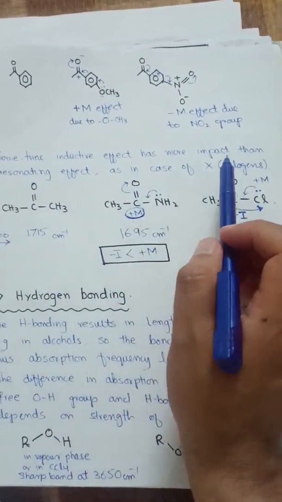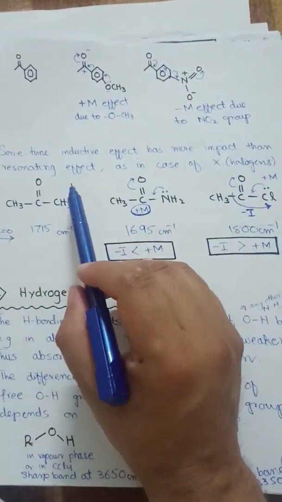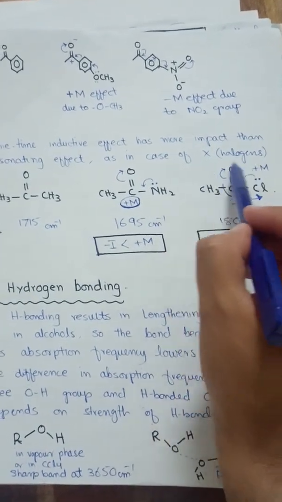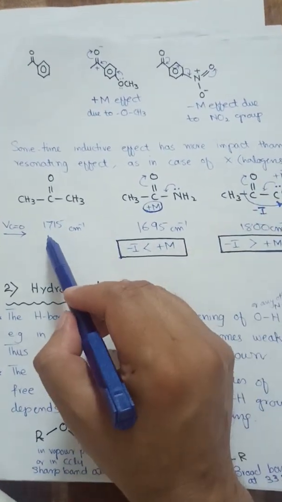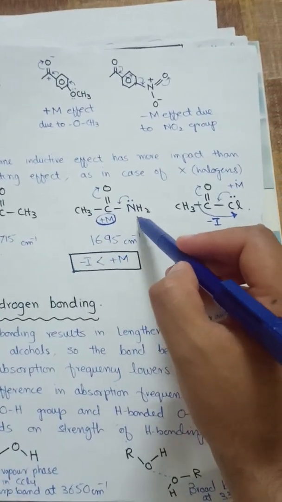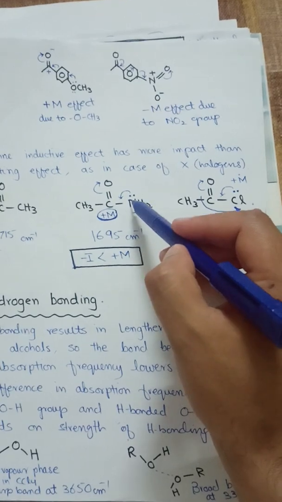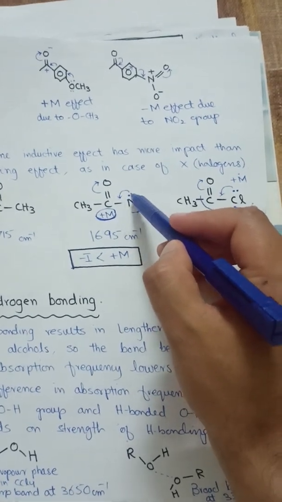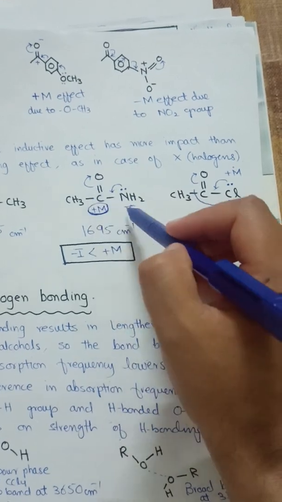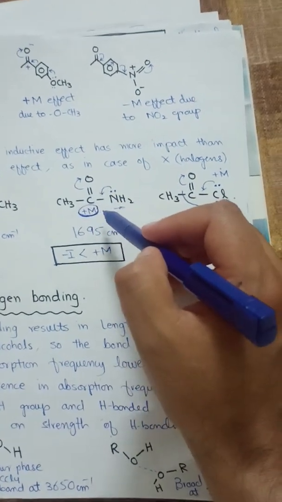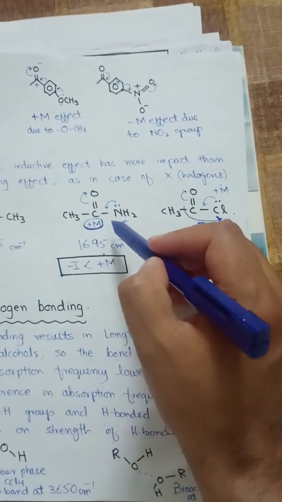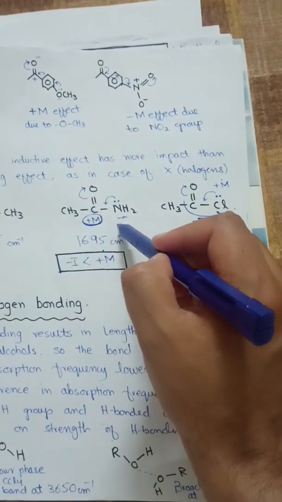Sometimes inductive effect has more impact than resonating effect, as in the case of halogens. So we are going to study halogens, what is the effect of halogens. Here we have 1715 per centimeter, but in this case, due to this lone pair, it will shift these electrons here, so it is the resonating effect. This resonating effect lowers the absorption frequency. So here the resonating effect has greater impact.